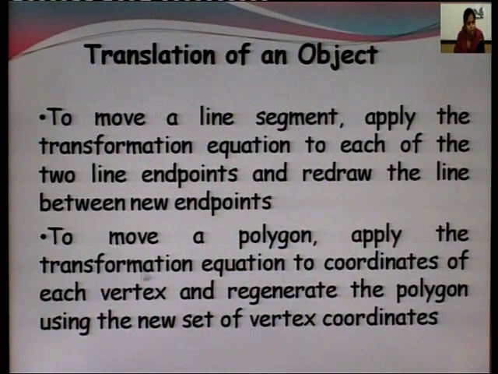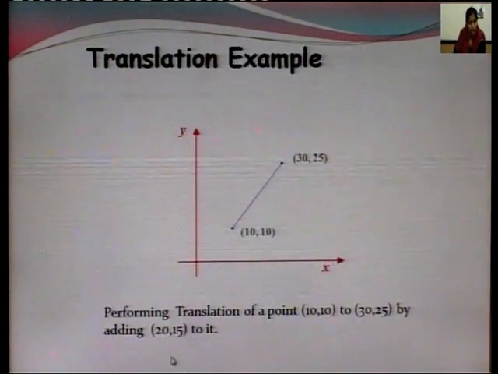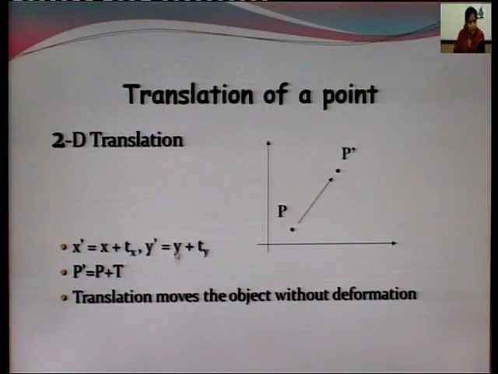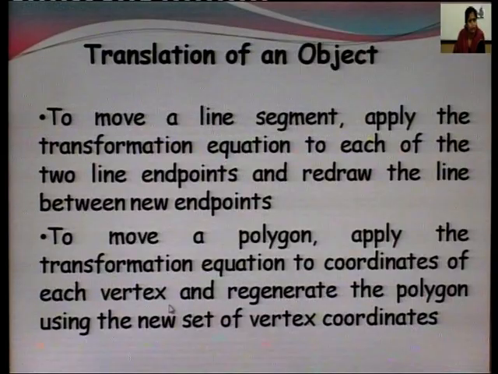Similarly, to move or reposition a polygon, apply the transformation equation to the coordinates of each vertex. For example, if the polygon contains 5 vertices, then we will have to apply this transformation to all the 5 points and then redraw the polygon using the new set of vertex coordinates.